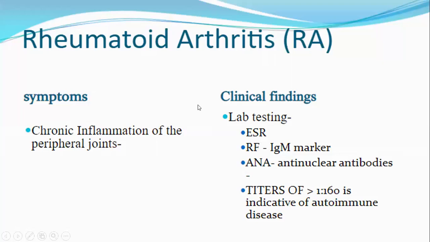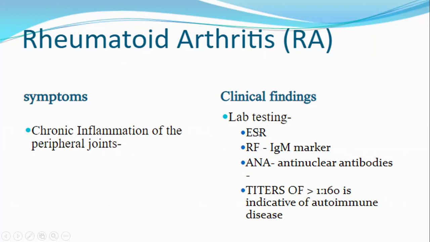So, this causes chronic inflammation of the peripheral joints, and usually laboratory results are as follows. We have increased levels of ESR and CRP because usually there is inflammation involved.